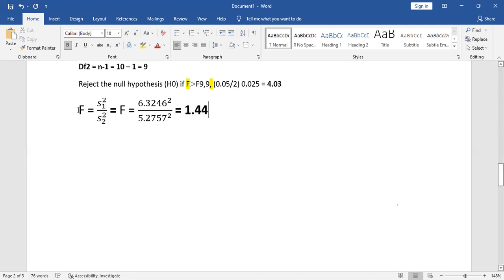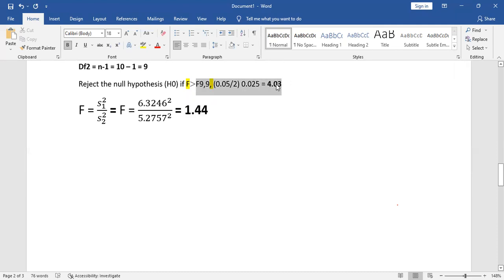Is our F, which we have calculated, greater than the F at the address of 9,9, 0.025, which is 4.03?